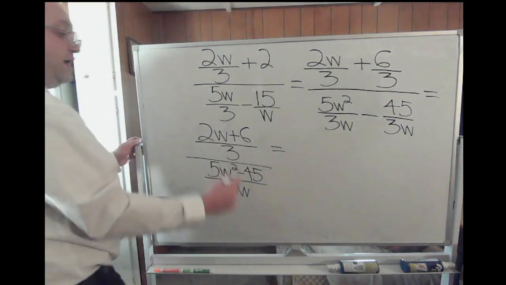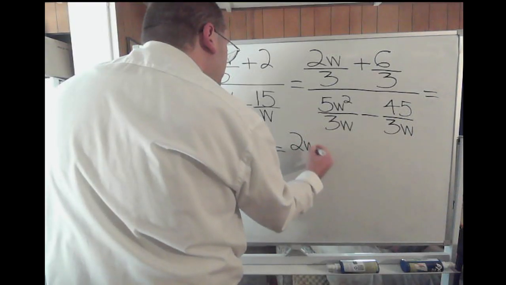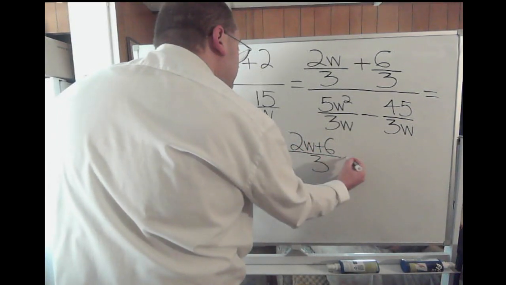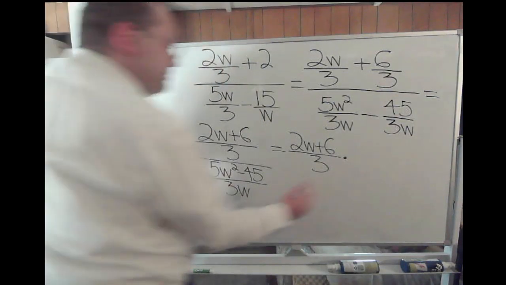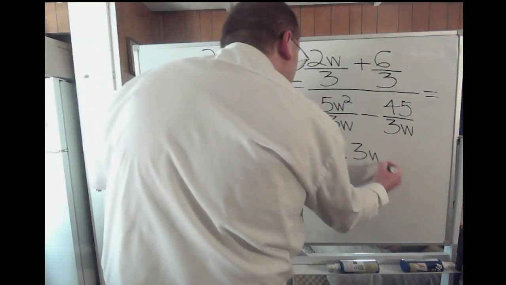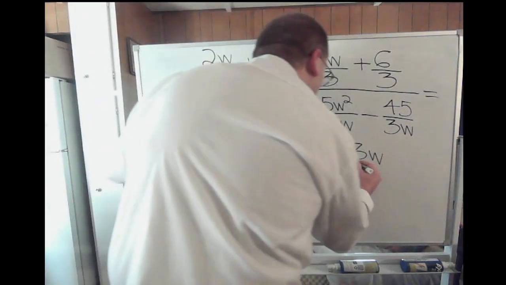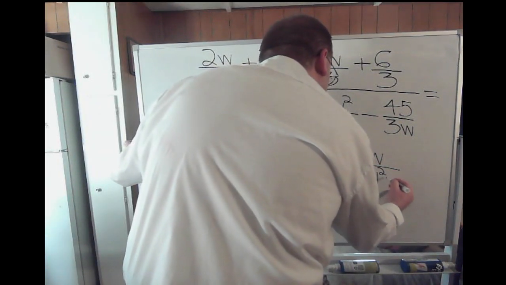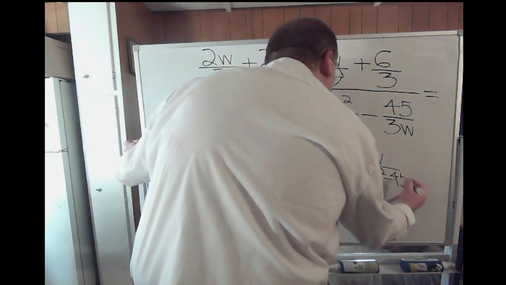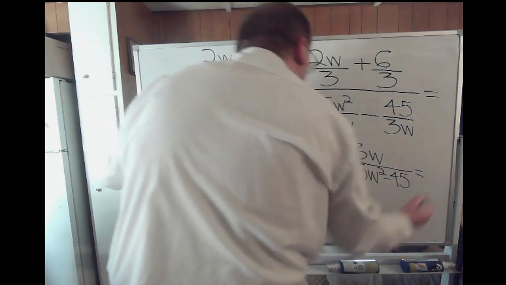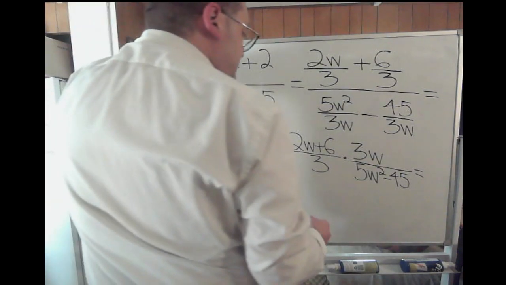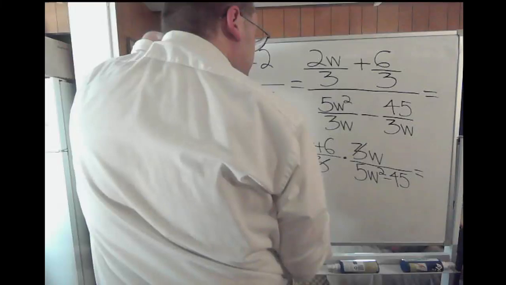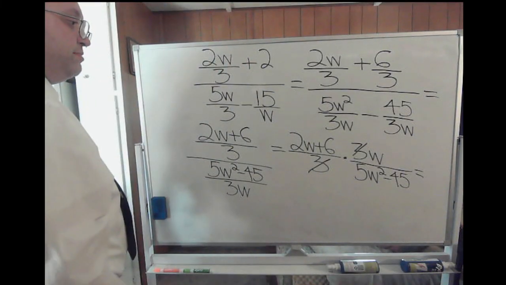Keep your numerator fraction the same, that'll be 2w plus 6 all over 3, times the inverted fraction in the denominator, that would be 3w all over 5w squared minus 45. Right away we notice between the 3 and 3w there's a common 3 that factors out. So that makes your life a little bit better.